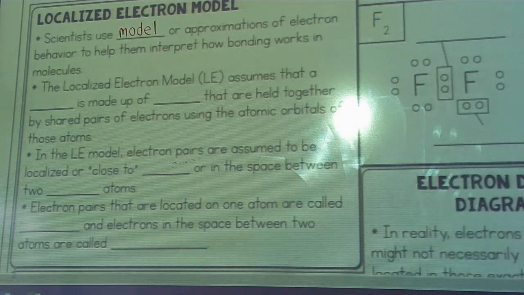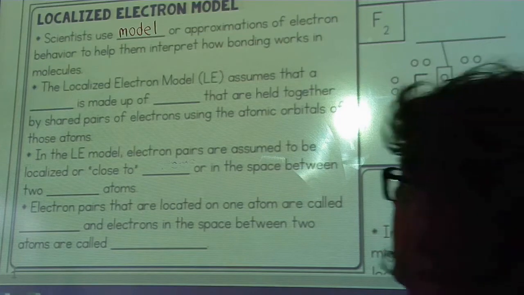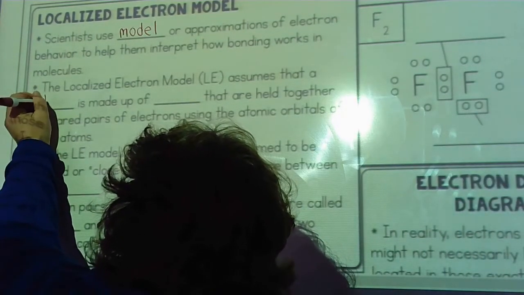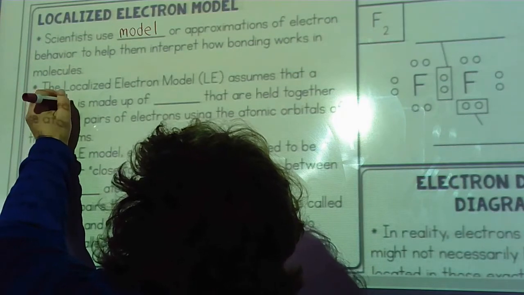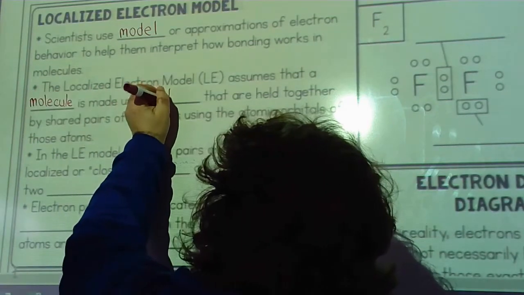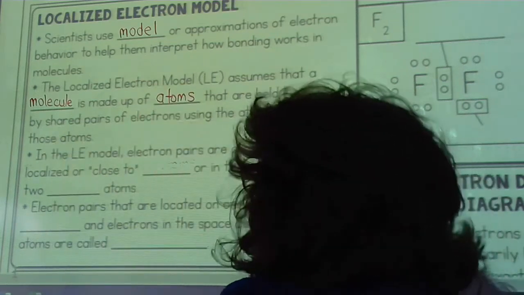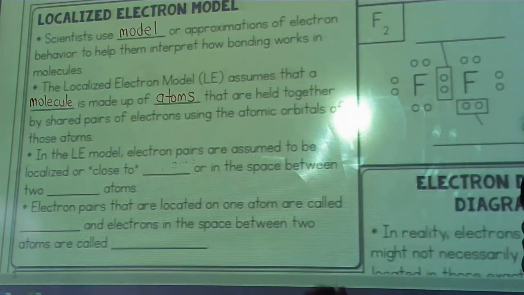There are a couple of assumptions that we have to talk about if we're going to use this model. The first assumption is that a molecule is made up of atoms that are held together by shared pairs of electrons.